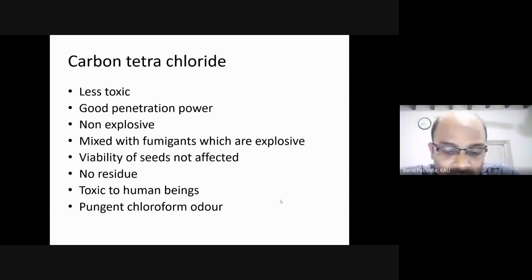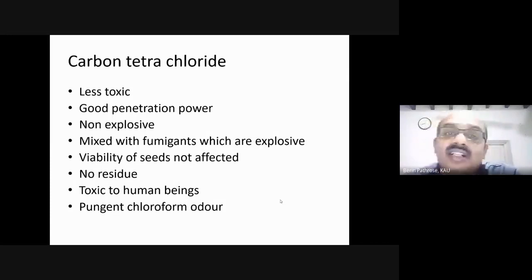Coming to carbon tetrachloride, it is still used, but it's mainly used to mix with other fumigants, because the third character is that it is non-explosive in nature. So what we normally do is, if we are using acrylonitrile or carbon disulfide, which are inflammable or explosive, we will mix with carbon tetrachloride.